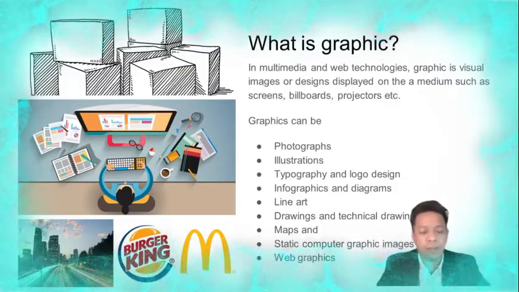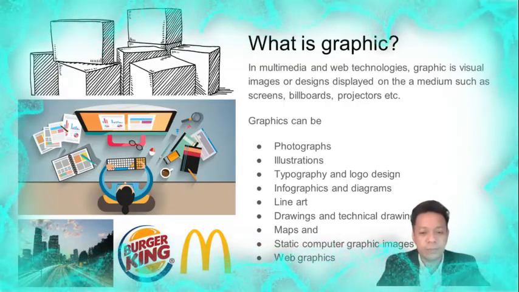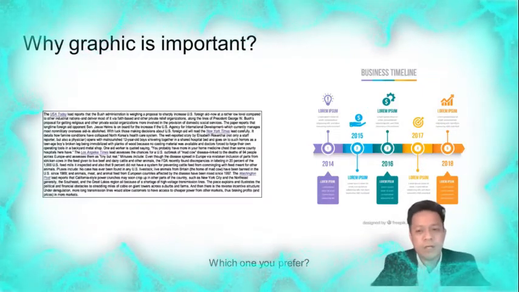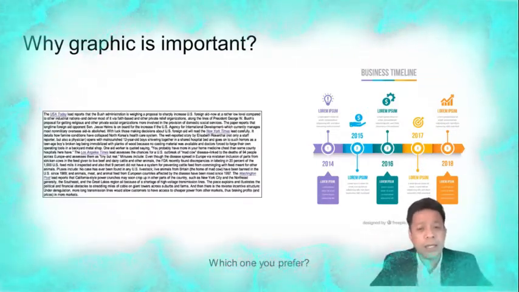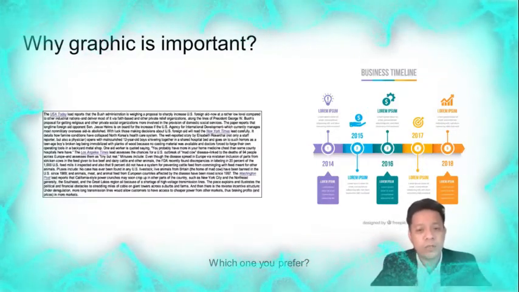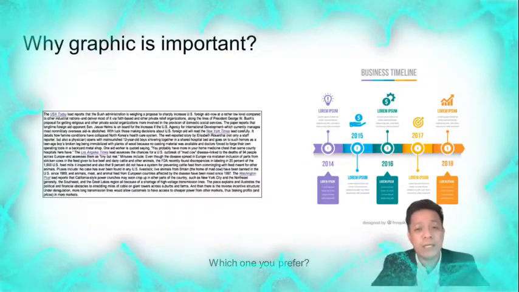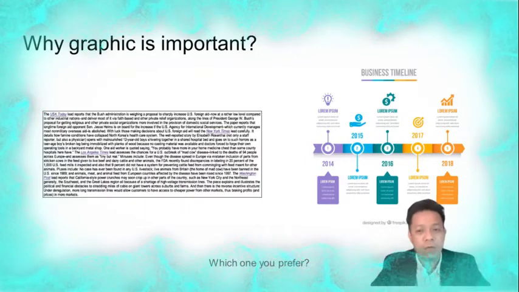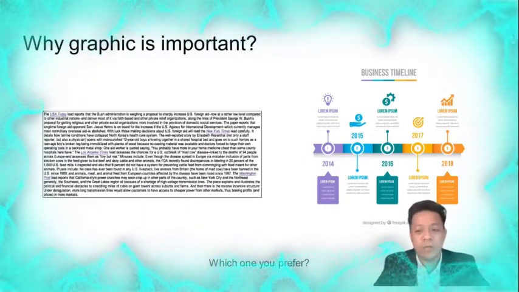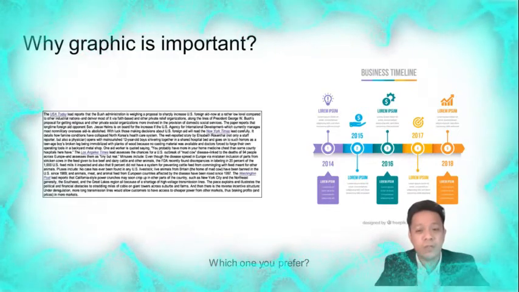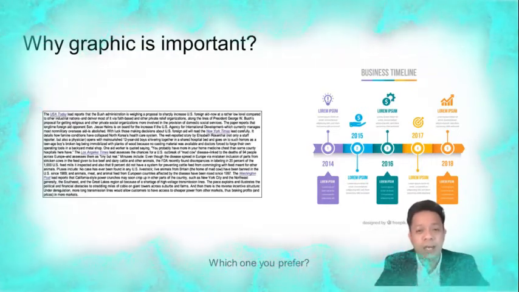This is some example of graphic. Why is this important? Because technology has grown right now. Graphic is most important nowadays because it can be used as a medium of communication. A lot of the graphic that we use is in digital and electronic form.